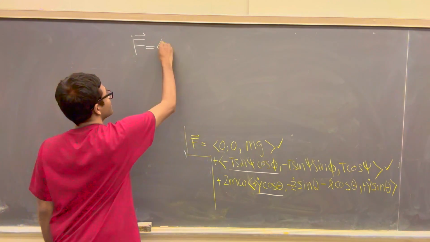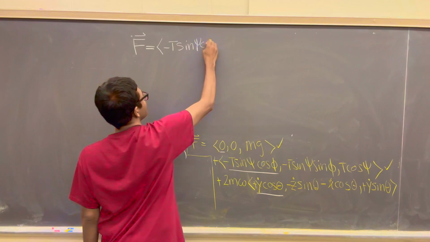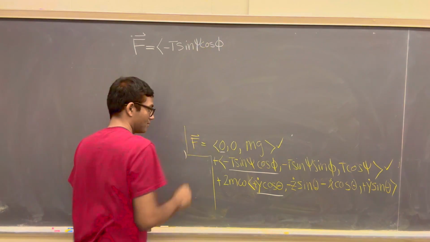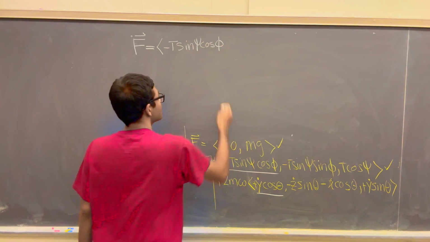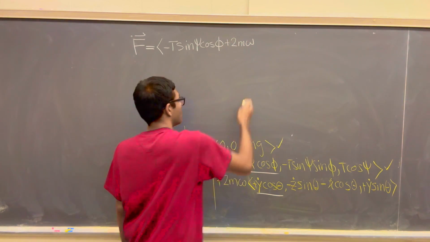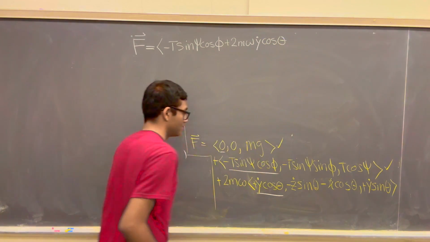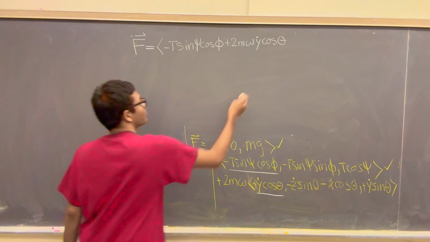So I've got minus T sine psi cosine phi, okay, plus 2m omega y dot cosine theta. That is my x hat component.